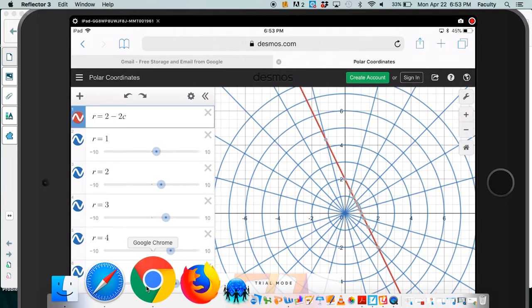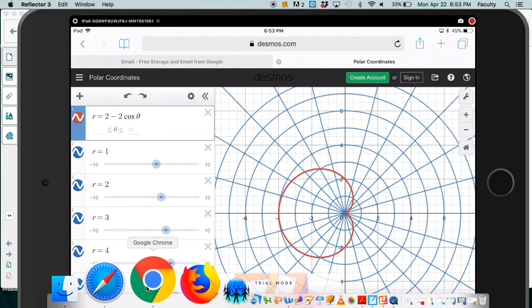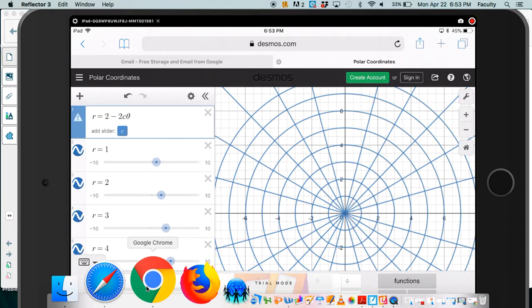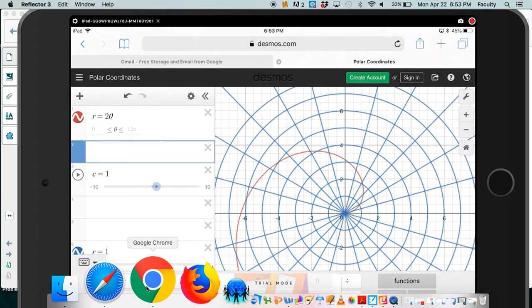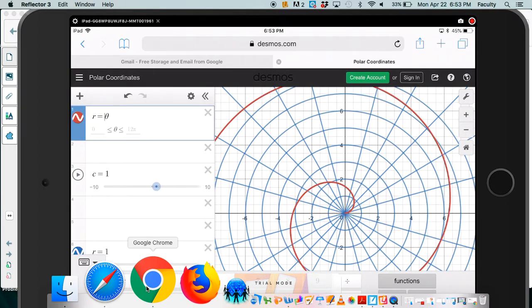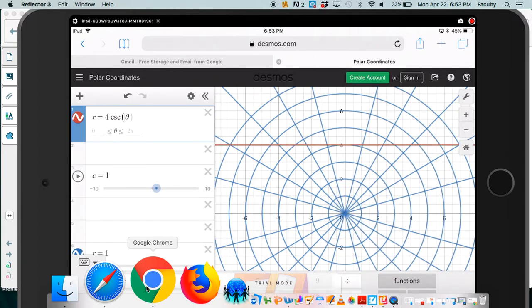There's a certain key I can push for theta, but I don't remember where it is, so I'm just going to copy this. My keys are off. All right, so 4 cosecant theta. And you see I just get the line y equals 4.